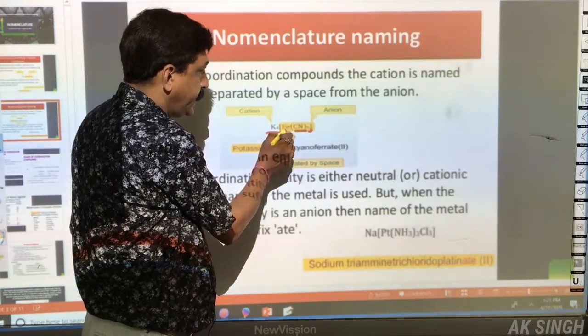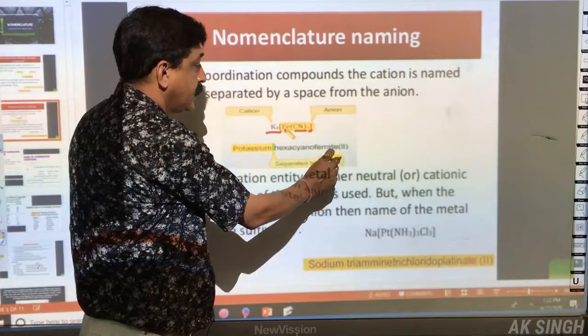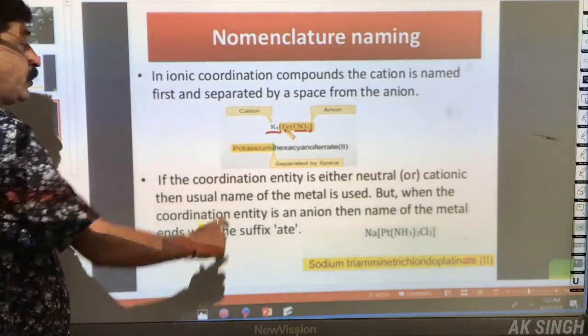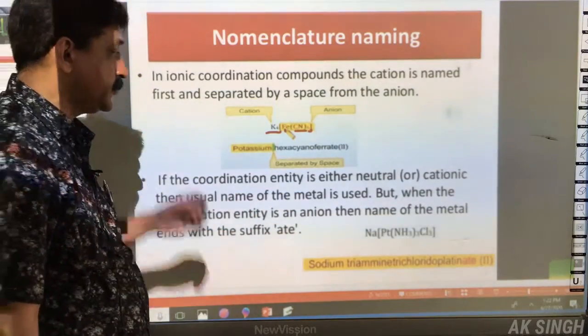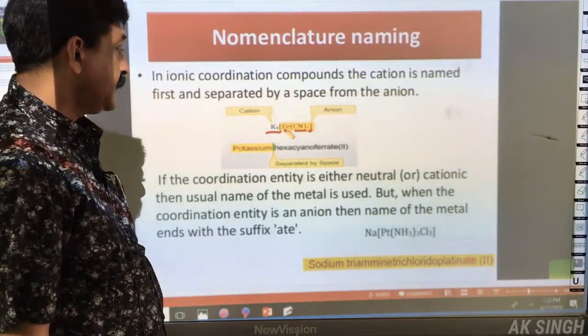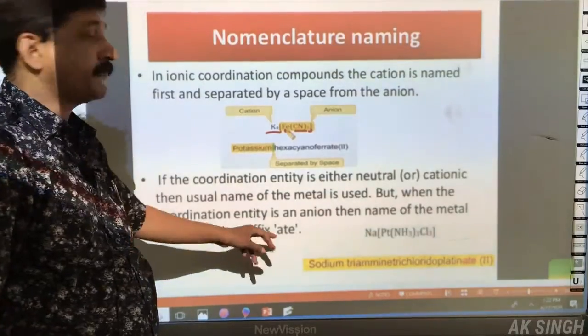Then ate, and then the oxidation number of Fe, that is 6 minus 4, so it comes out to be 2 in Roman numeral. If the coordination entity is either neutral or cationic, then the usual name of the metal is used. But when the coordination entity is an anion, then the name of the metal ends with the suffix ate.